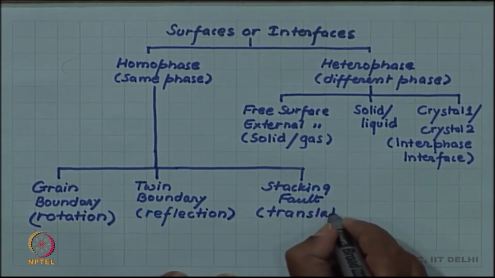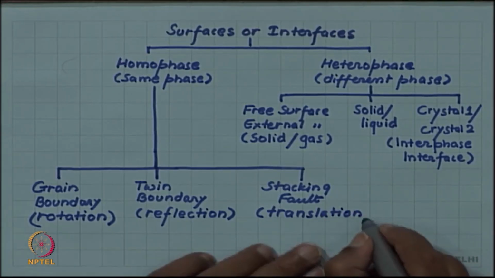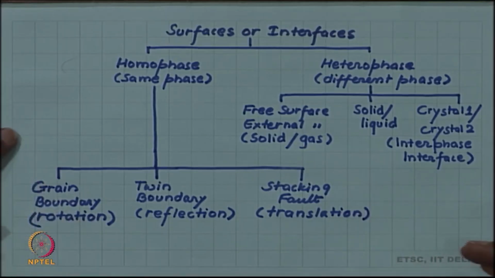The orientation of the two crystals on either side of the stacking fault is the same, but still there is not perfect matching, because on one side the crystal is translated with respect to the other side. That causes a stacking mismatch or a stacking fault.